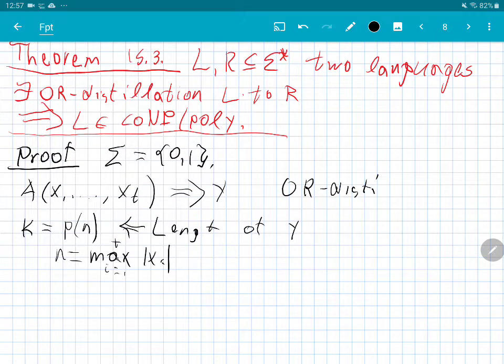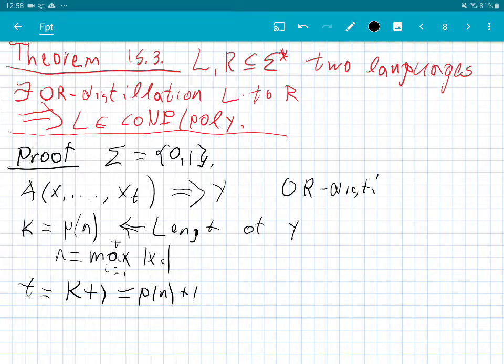Now the trick is that we can pick t, the number of strings, to be as large as we want, because it's a free parameter. So we're going to pick it to be very large. How large? We're going to take it to be k plus 1. If you want, you can think about it as p(n) plus 1. So we're going now to fix this parameter t, which we are allowed to do.